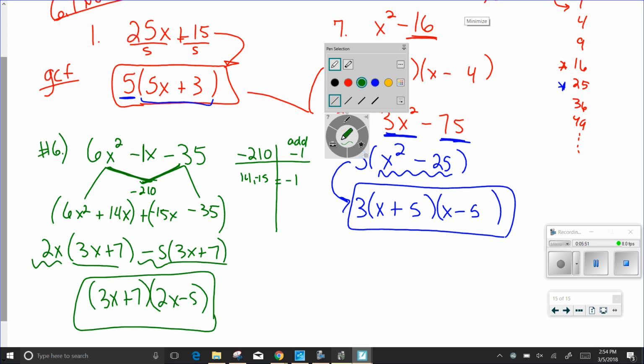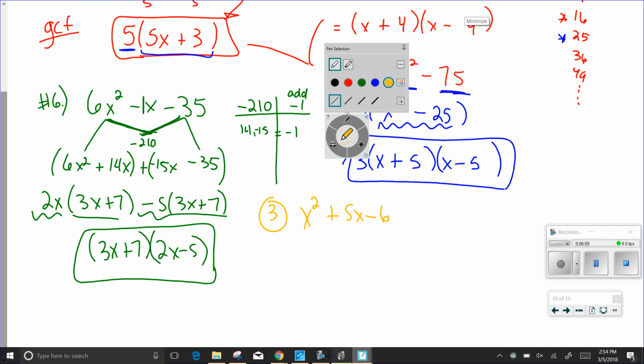The last thing that we talked about in class is the shortcut factoring. And that is for problems like number 3. Sorry, kind of jumping all over the place here. In number 3, you have x squared plus 5x minus 6. And I say that we can shortcut factor this because we have an a value that's 1.